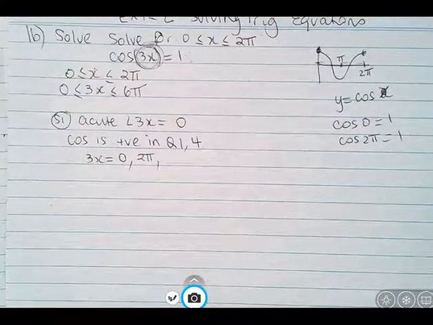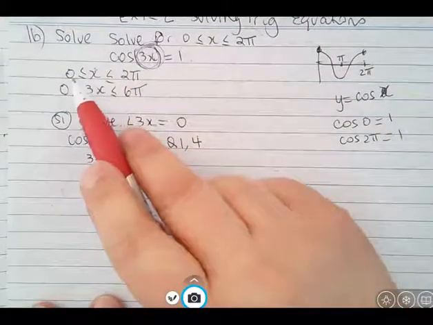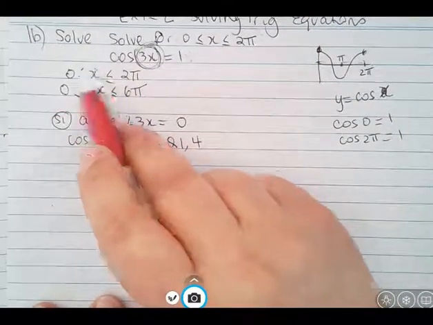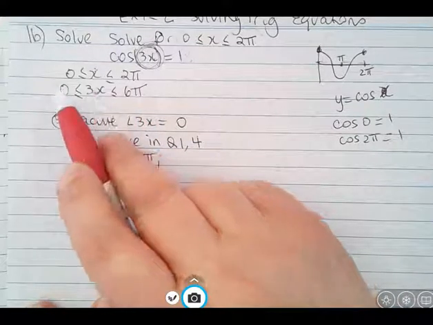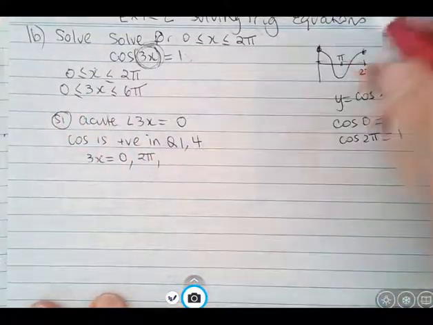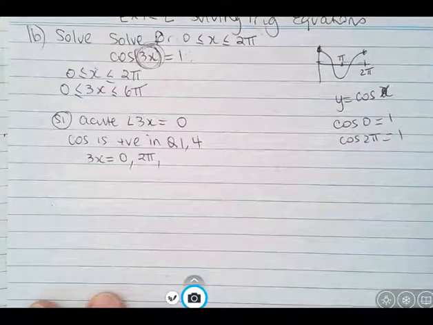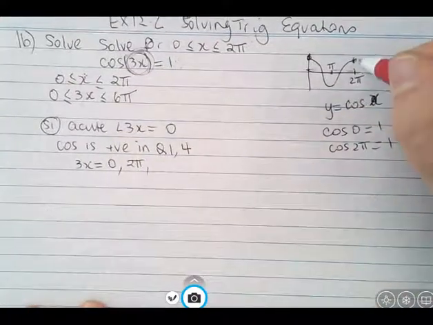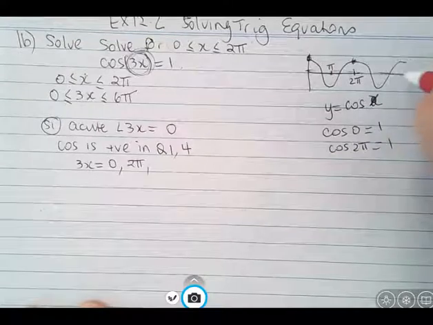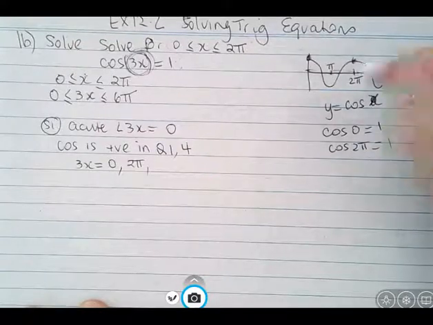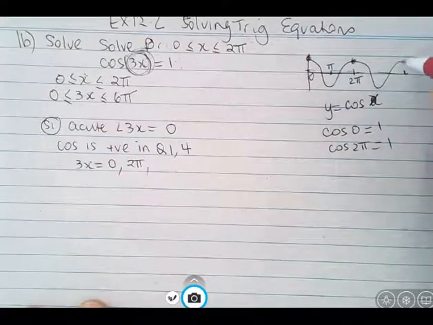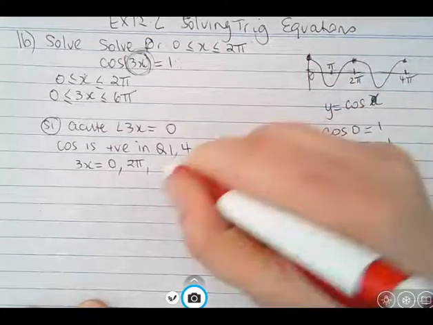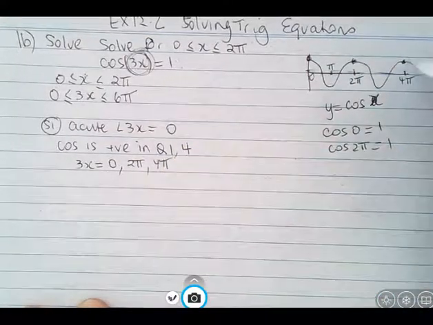Now, but the problem is, you're solving x from 0 to 2 pi. I have to solve 3x from 0 to 6 pi. So I've got to keep doing more solutions. Where's my next solution going to happen? Well, I've got a solution at 0, 2 pi. Good. Do I keep going? And 6 pi.